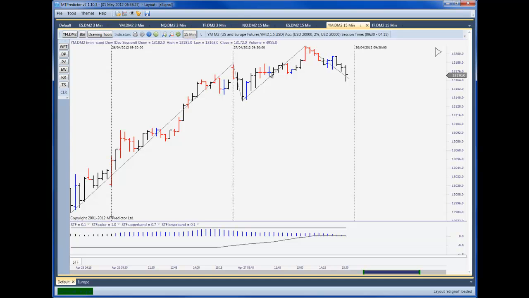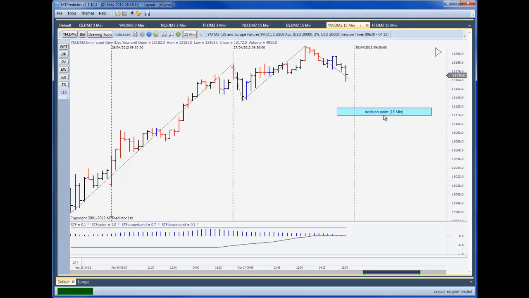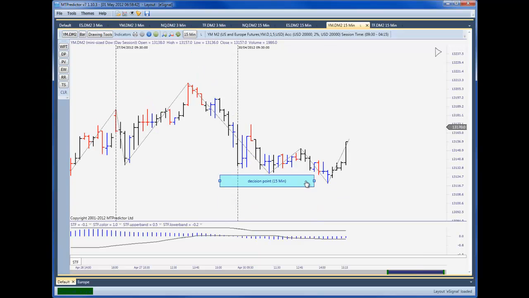You can see we have the market coming up here, decline back down. So if I take a DP off this pivot here, you can see this projects out into the future. If I scroll forward, can you see how the market throughout the day came down?